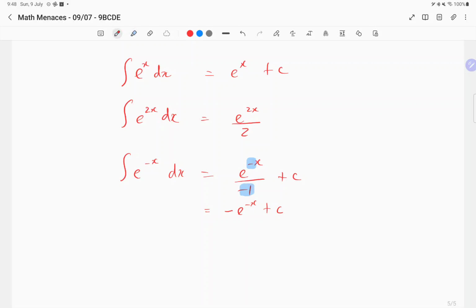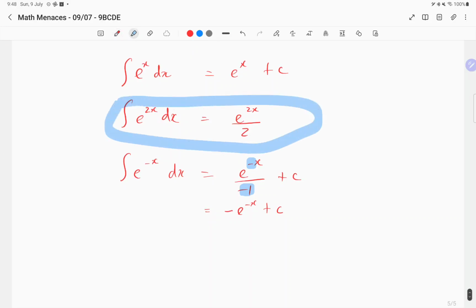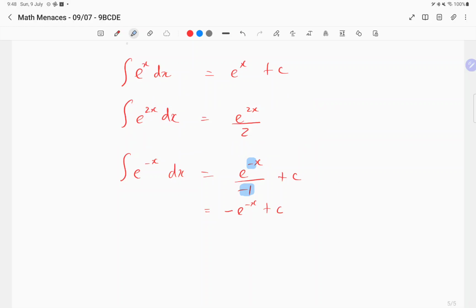In example 10, we did one like e to the power of 2x plus 2, but it was all in the power. What if you had e to the power of 5x plus 6x? Do you antiderive the 6x as well? Yes, separately, as a separate term. I'm just showing anti-deriving term by term.